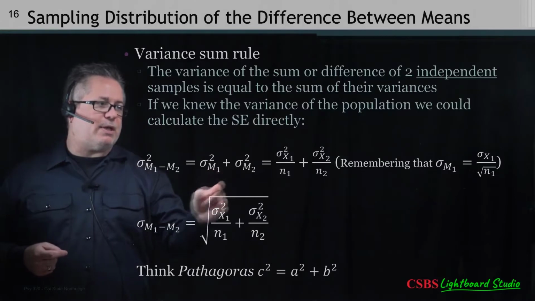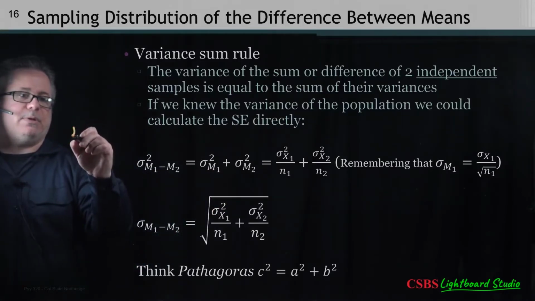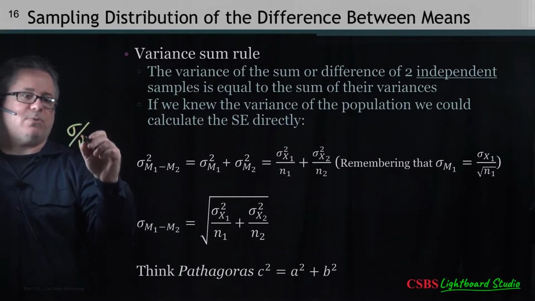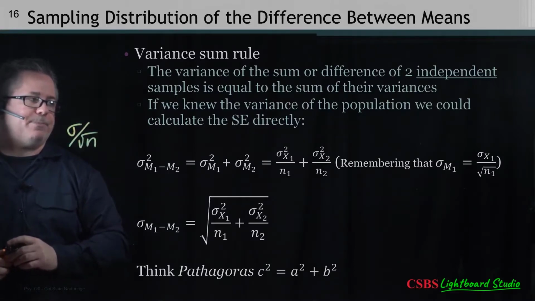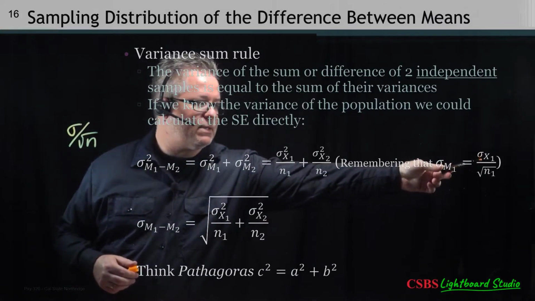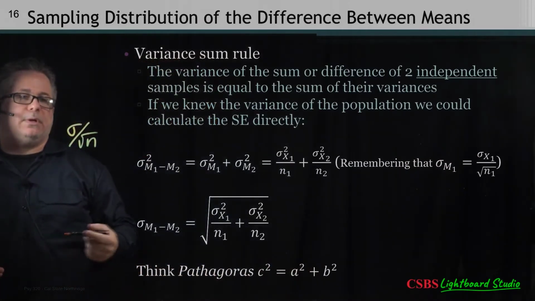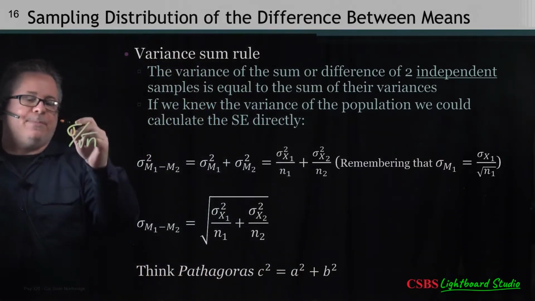We know that the standard errors are simply the standard deviations divided by the square root of n. That's down here: the standard deviation for x, for instance, is just the standard deviation over the square root of n. Like I said earlier, if I want to turn this into a variance, I need to square it.